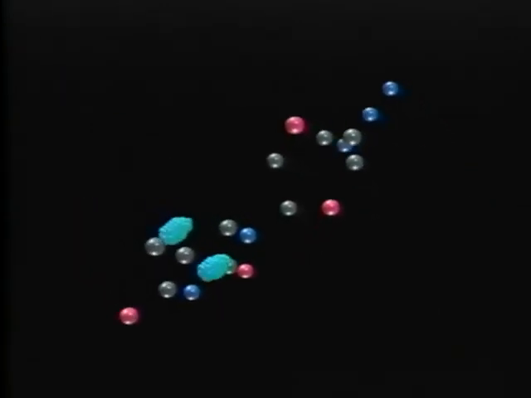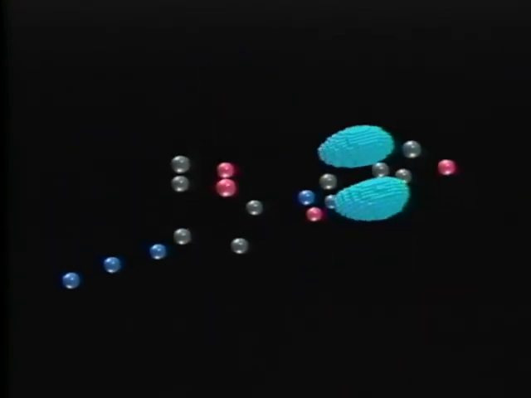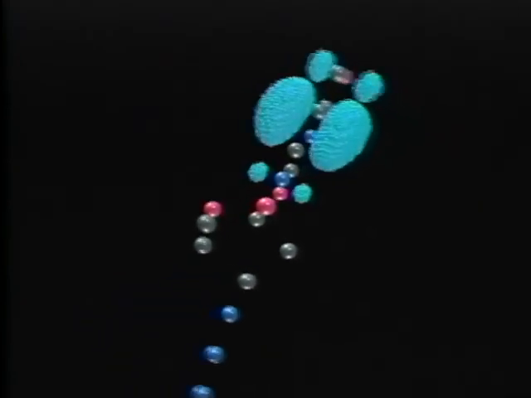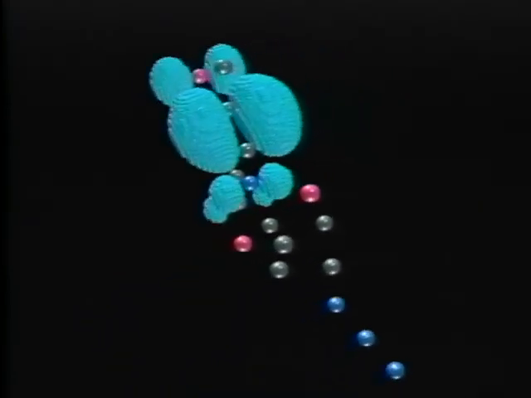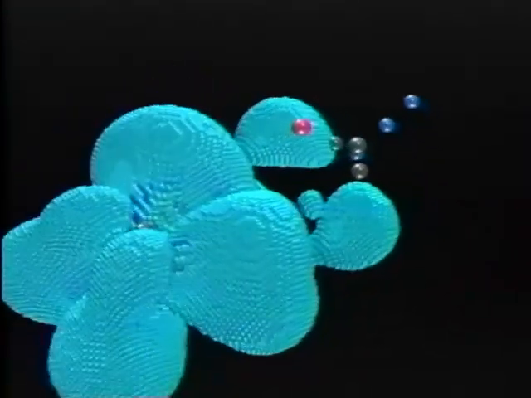However, it is really the electrons that are doing the chemistry, and in order to study this effect, we performed Gaussian 86 calculations on AZT and rendered the electron density in the highest occupied molecular orbital. Here, the growing electron density represents lower and lower electron densities around the nuclei.